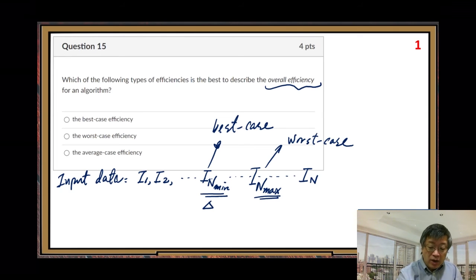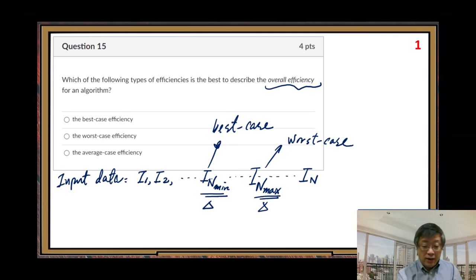Similarly, for the worst case, the largest efficiency number, how can you use the largest efficiency number to represent all possible efficiency numbers?